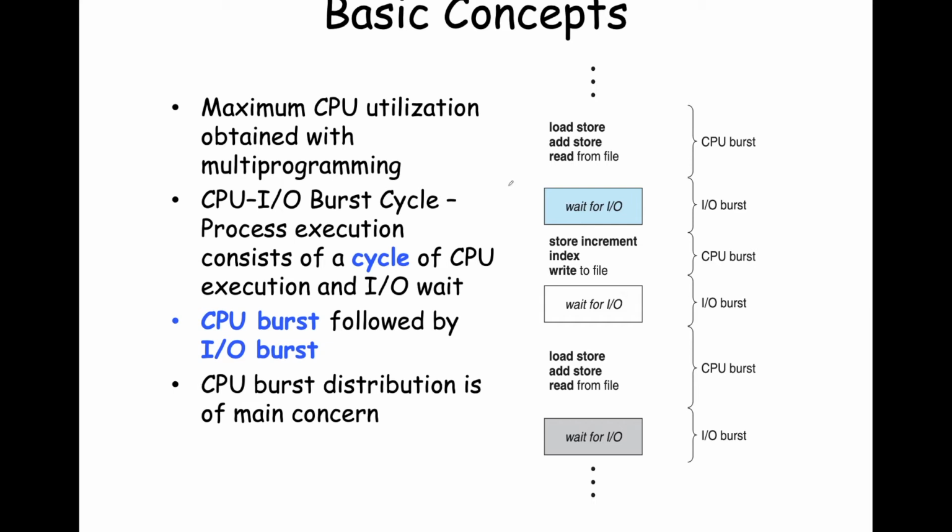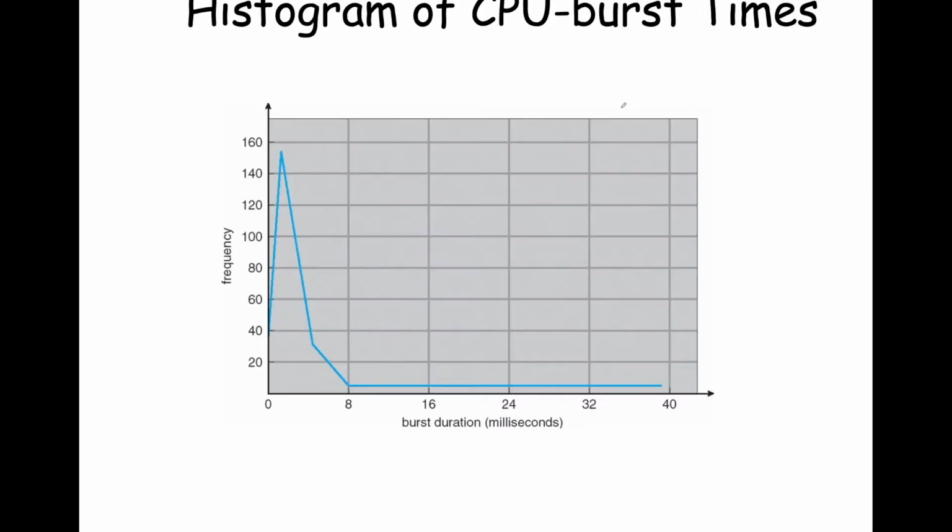The CPU burst distribution, that proportion of process executions on the CPU over time, the distribution between the CPU burst and the I/O burst, the representation of the fractional use of the processor's time, is the main concern when it comes to maximizing CPU utilization.